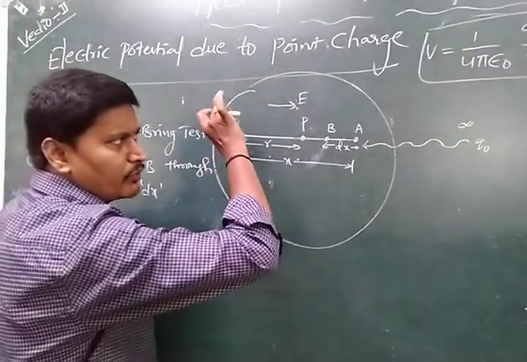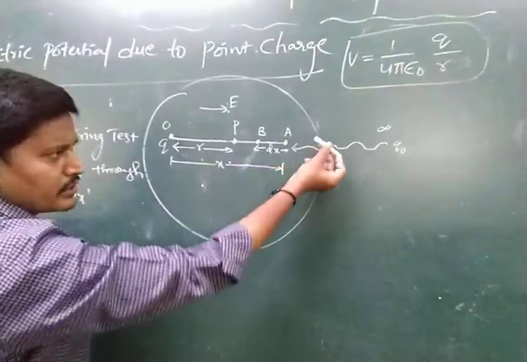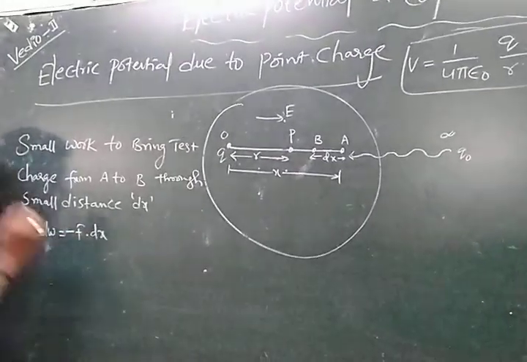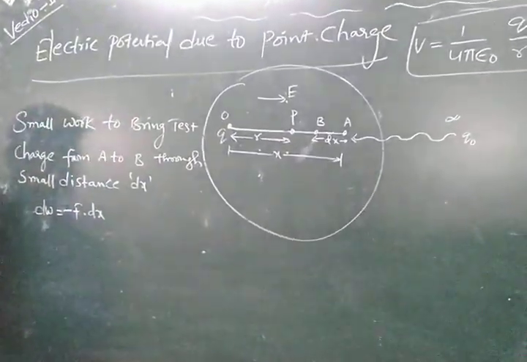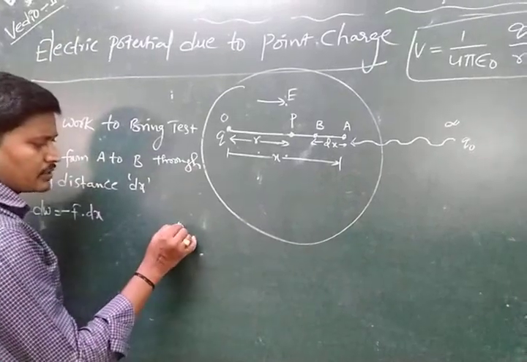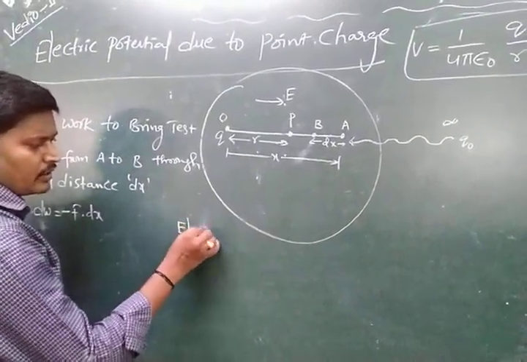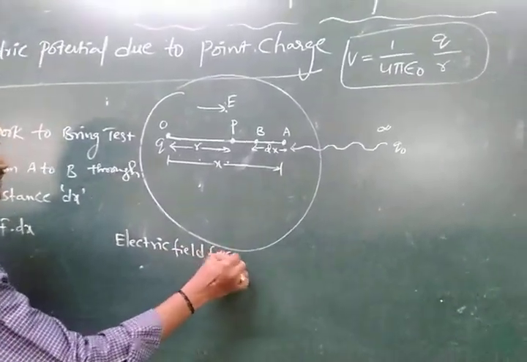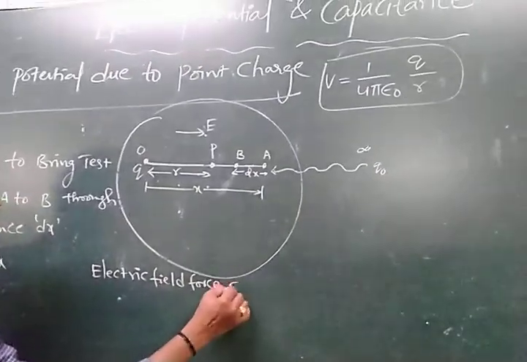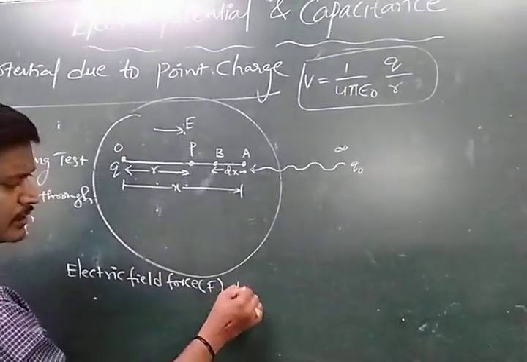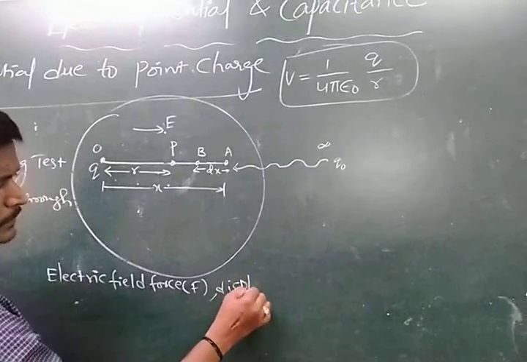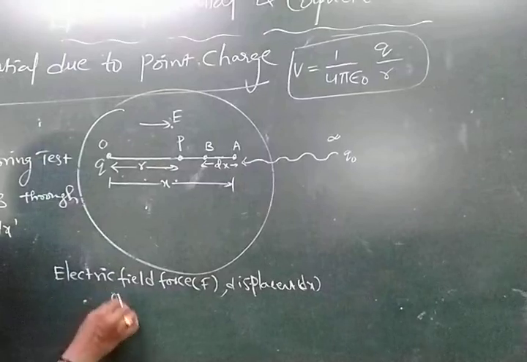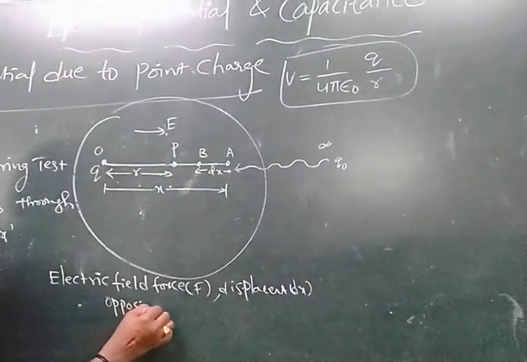Here the electric field force is acting in this direction. The displacement of the particle is opposite to that direction. So that's why it is minus F into dx. Why? Because the electric field force and the displacement are opposite to each other.